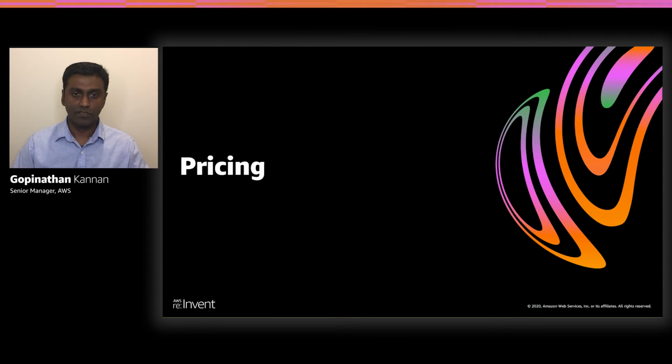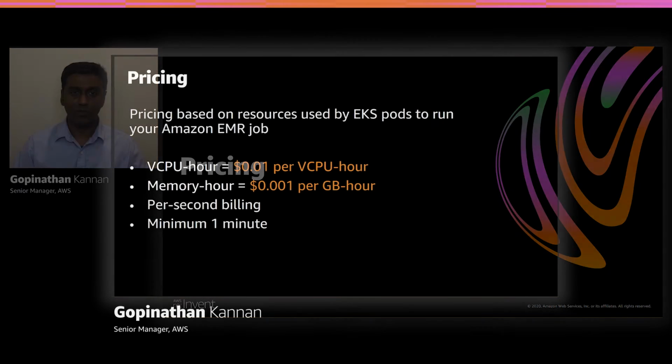Speaking of cost savings, let's dive a little bit into pricing. What we wanted to do is for you to pay only when you're using resources and running a job. So if you're not running a job, you do not incur any EMR costs. Now, costs are based on how much vCPU and memory each pod utilizes over its lifetime.